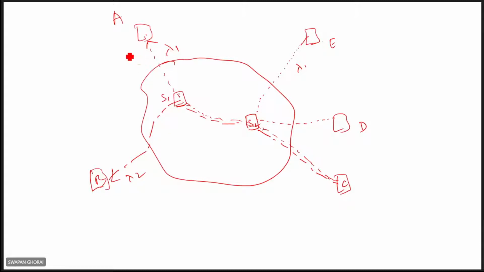Now, suppose station D wants to transmit information. So now, if D wants to transmit information to A, you see here blocking will result because for D to A, not a single wavelength is available. From D to switch S2, that is through lambda 1.